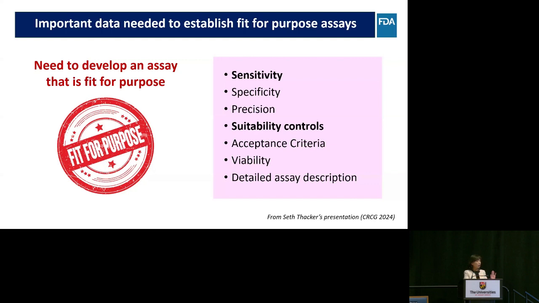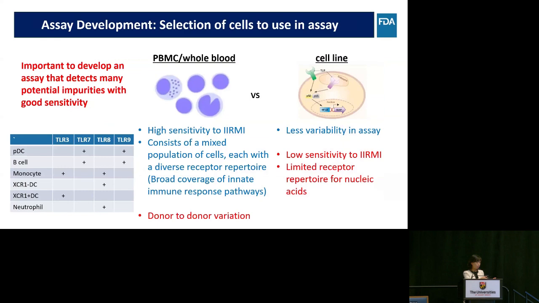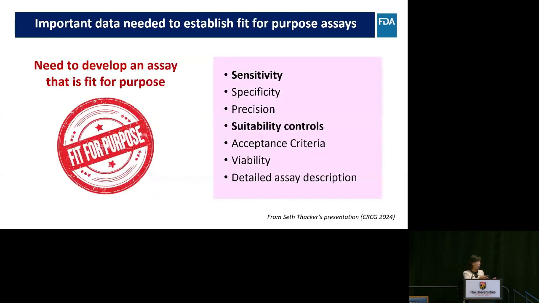So the RMI assay for the oligonucleotides might not be very different from that for the peptide drug products. But when we design the assay, we need to be more careful, thinking of the characteristics of these oligos. And I would like to focus more on sensitivity and stability controls in this talk.